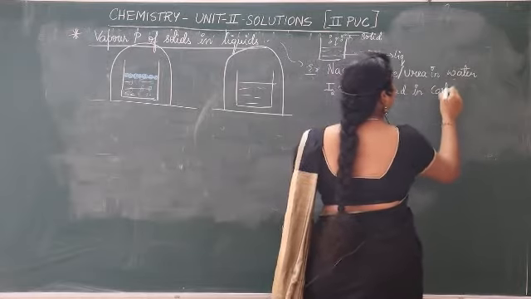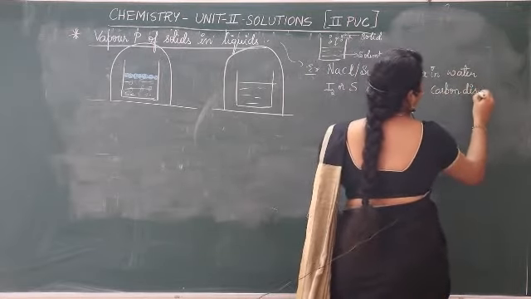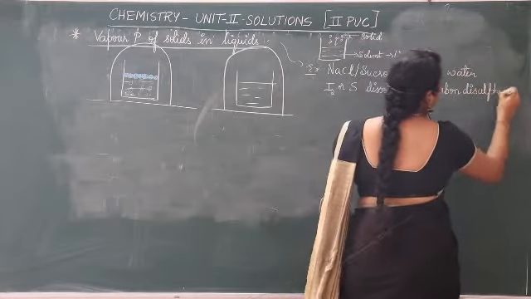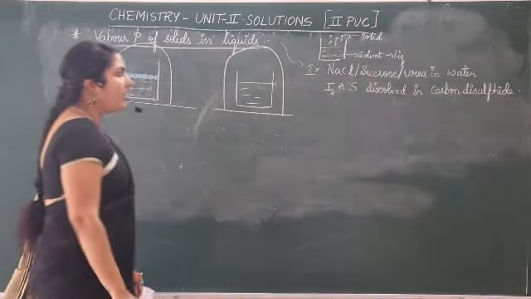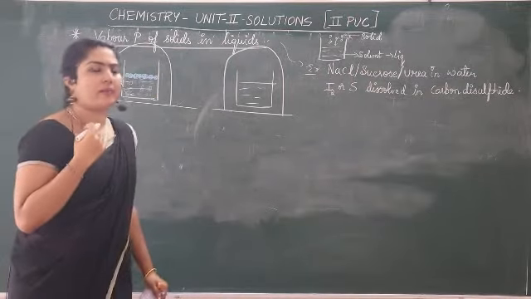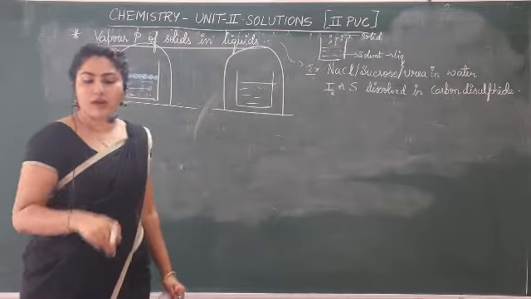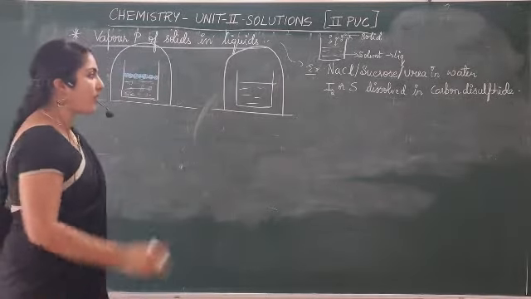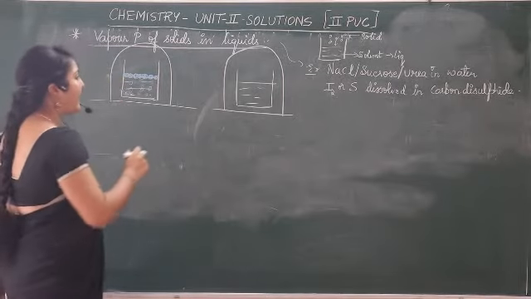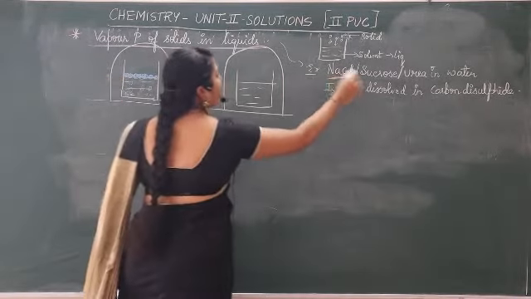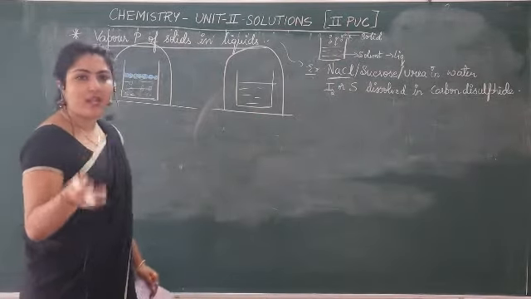Carbon disulfide is a solvent. This also can be an example. Now if you consider any of these examples, a simple one, let us say sodium chloride. Whatever I am explaining applies to all of these. Out of that, let us say we consider sodium chloride.